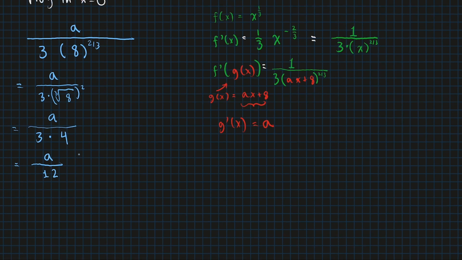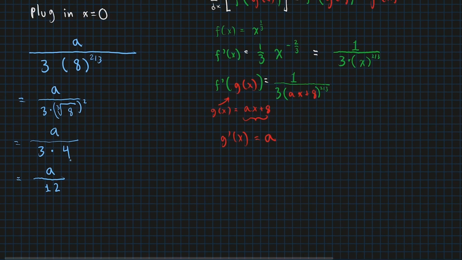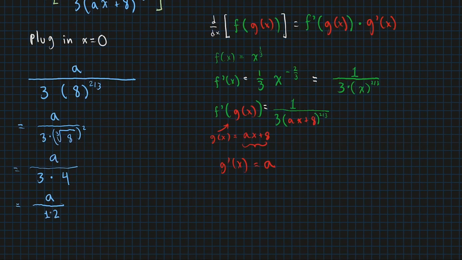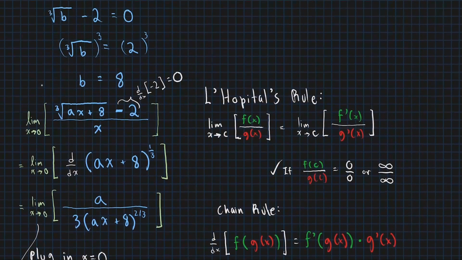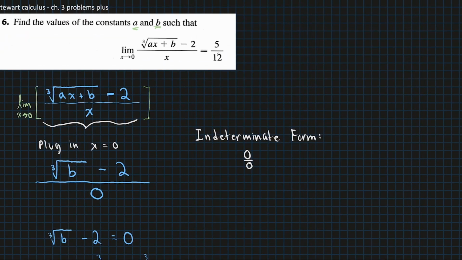Now this is interesting. It's interesting because now, since our denominator is not 0, this is an actual number. This is defined. So we know that our limit has to be equal to a over 12. What other information did they give us in the question? Well, we know that our limit is also equal to 5 over 12.